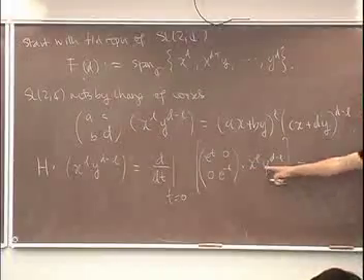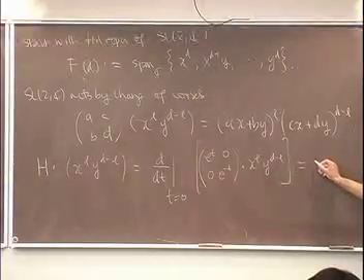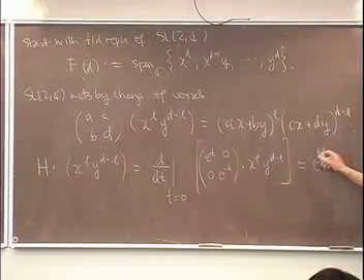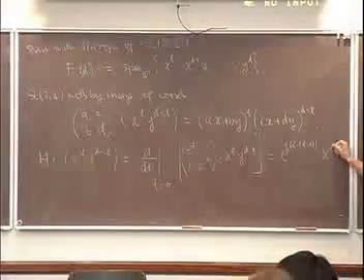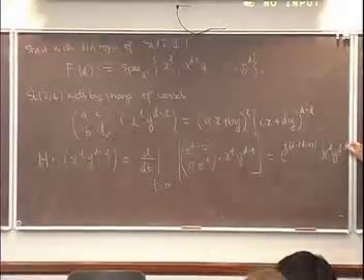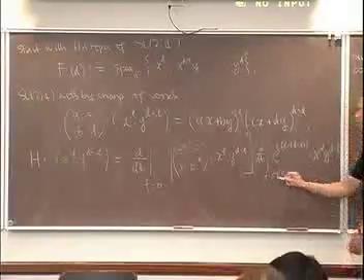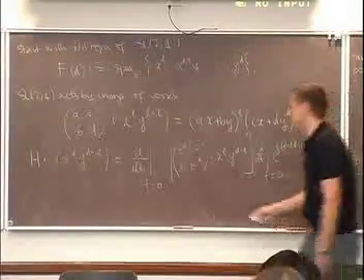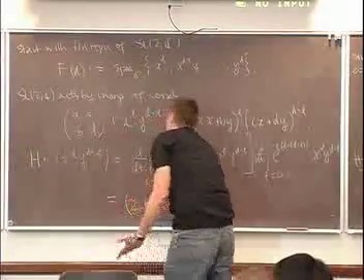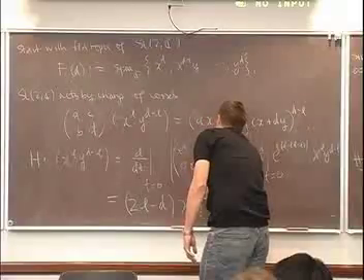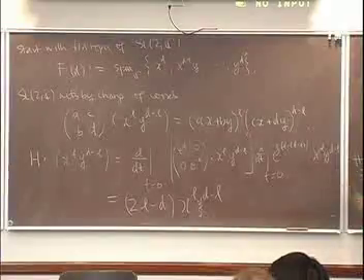When I change coordinates, I get e^t raised to the lth power and e^(-t) raised to the (d-l)th power. So I get e^(t(l-(d-l))) times what we had before. This is supposed to be the derivative at t equals 0, and if you take that derivative, you just pull down this exponent. So you get (2l-d) times x^l y^(d-l). Indeed, I've chosen a basis where H acts diagonally with the indicated eigenvalue.